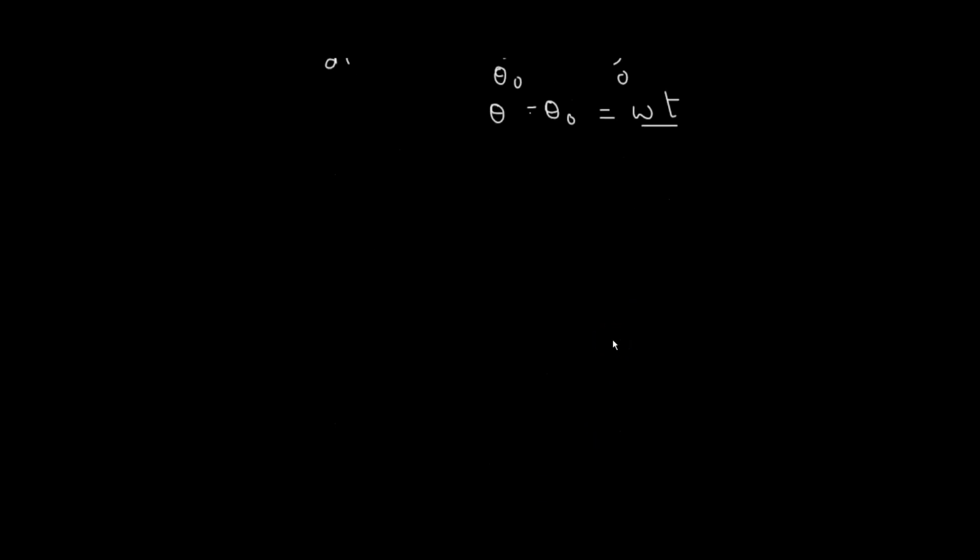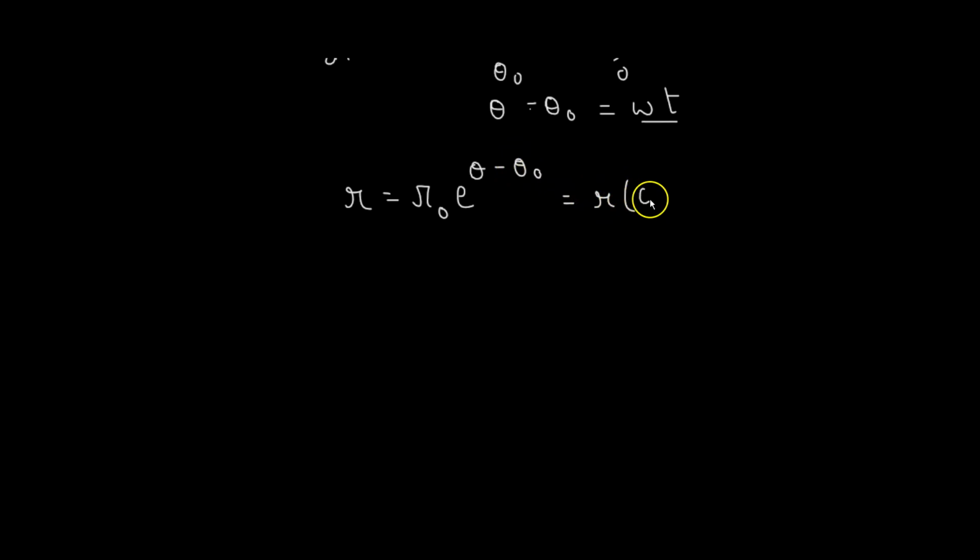So we'll replace omega t in r with theta minus theta naught. That means we now have r equals r naught e raised to the power of theta minus theta naught, and we can see that r is now expressed as a function of theta.